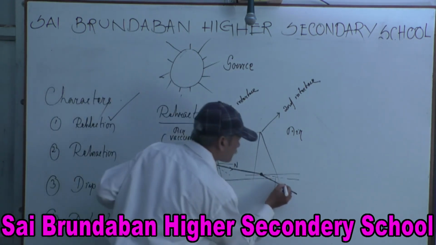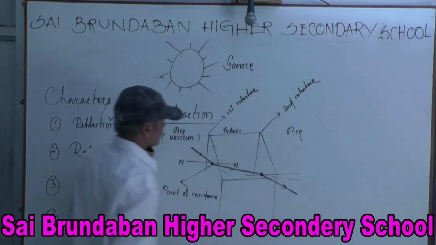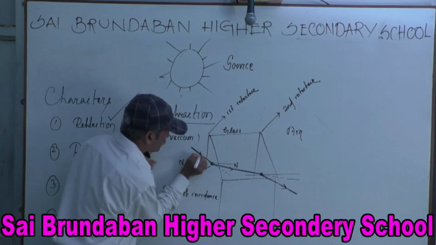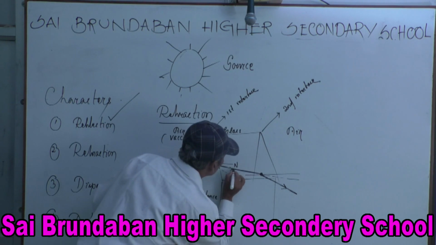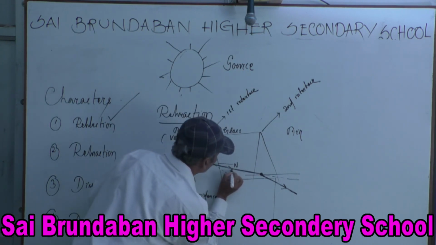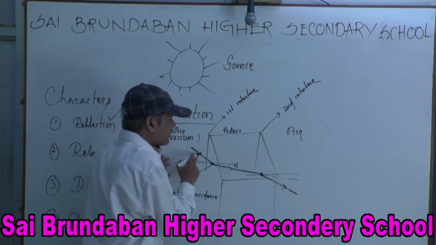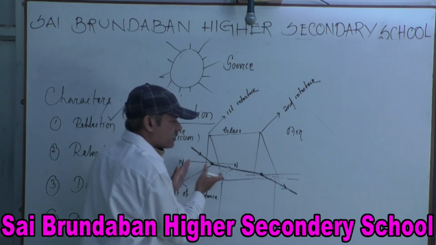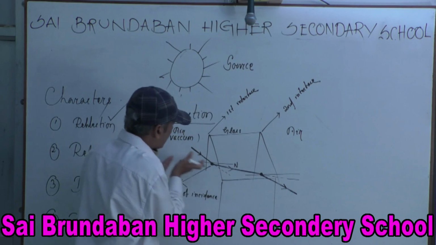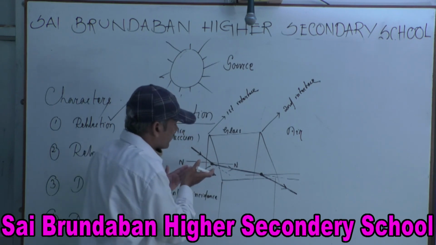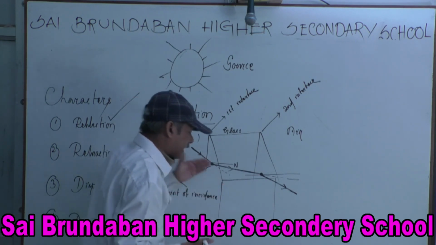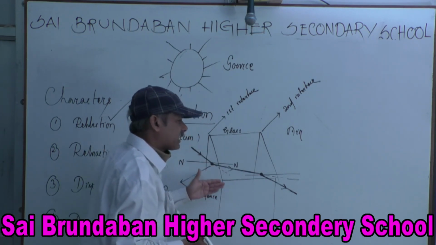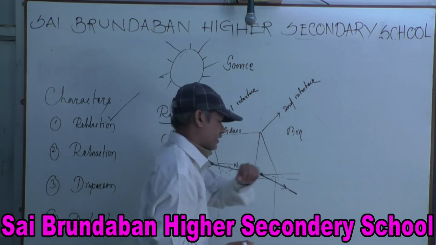So you see now, these 1, 2, 3, these are the 3 paths through which a light propagates, enters into a medium, and then emerges out of it.